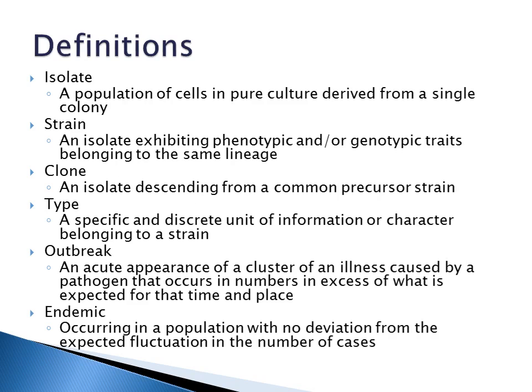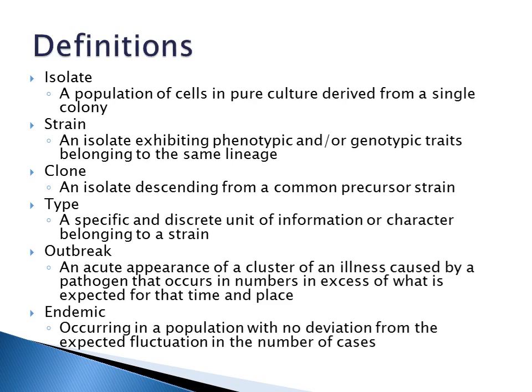Some other definitions: an isolate is a population of cells in pure culture derived from a single colony. A strain is an isolate exhibiting phenotypic and/or genotypic traits belonging to the same lineage. A clone is an isolate descending from a common precursor strain. A type is a specific and discrete unit of information or character belonging to a strain.